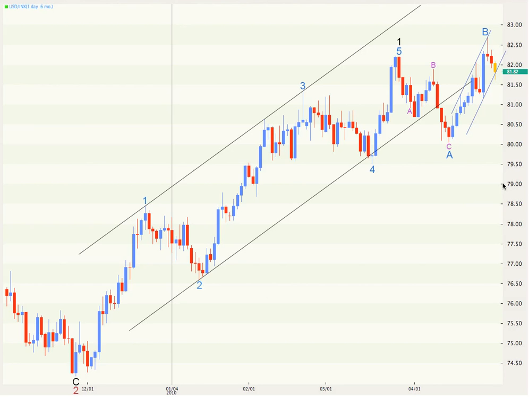I have a little cluster of targets to the downside for intermediate wave 2. When wave 2 gets down to 79.25, wave C blue will equal 1.618 the length of wave A blue.